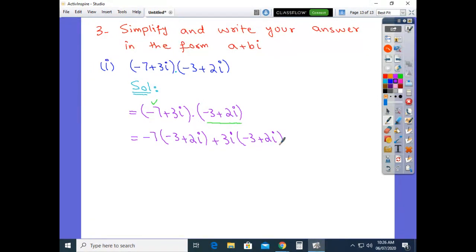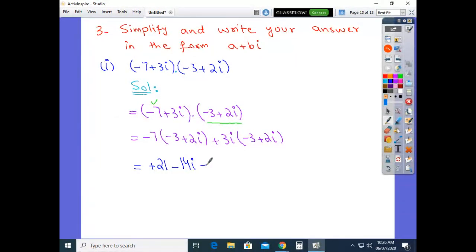Now we multiply these numbers. After multiplication we get negative and negative becomes positive, 7 multiplied by 3 becomes 21. Similarly, negative and positive becomes negative, 7 multiplied by 2 becomes 14 and it contains iota, therefore 14 iota.